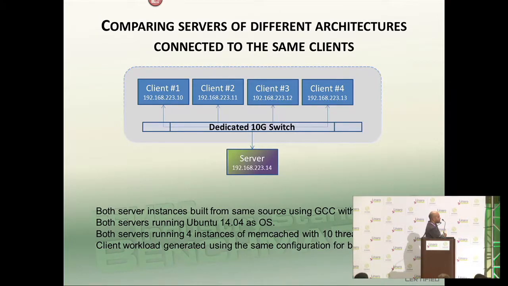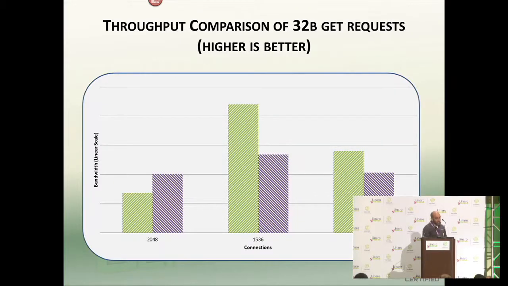The server was source built with GCC, running Ubuntu, and I'll show you data with 2 different servers, running 4 instances of Memcache with 10 threads per instance. We use a client generation tool called Mutilate that is extremely well written, and it is able to coordinate between different client machines and give one set of results.